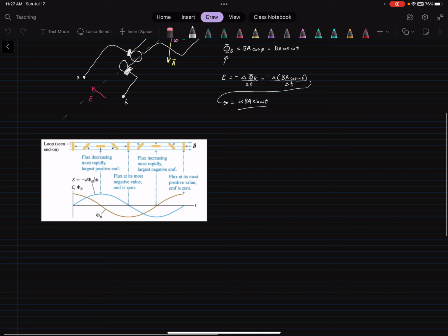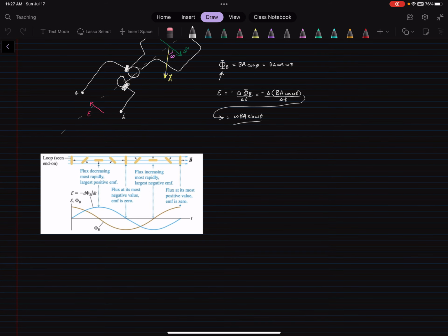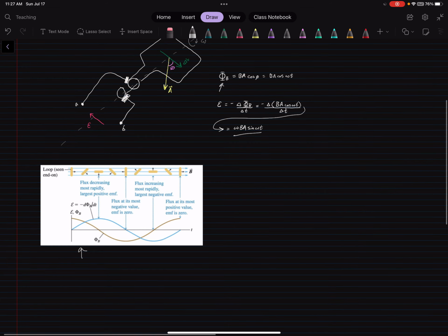So if we were to plot magnetic flux and the induced EMF, up at the top it shows the magnetic field is constant throughout, and the loop, seen end on, is rotating through time. And you find that both the magnetic flux and the induced EMF vary according to a trigonometric function. One's cosine, one is sine, so they're just offset from each other by a quarter cycle.